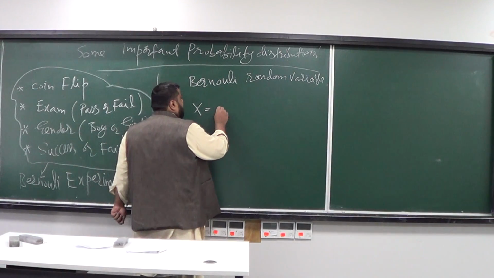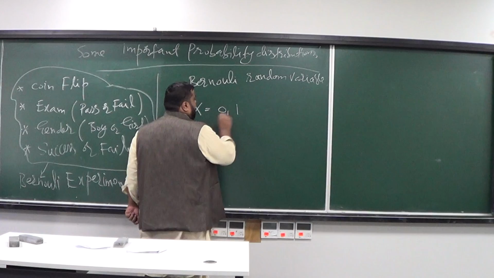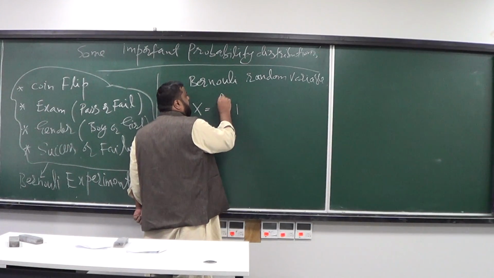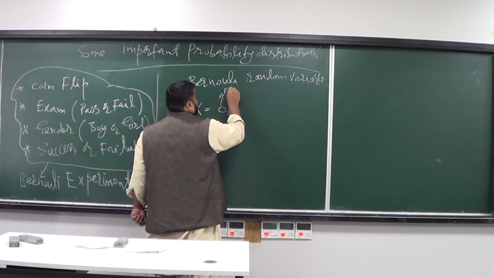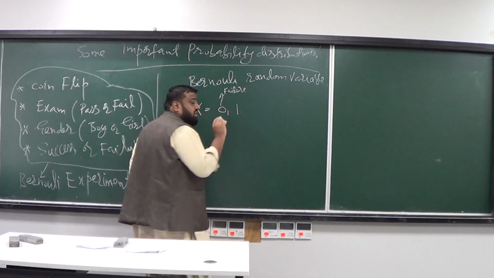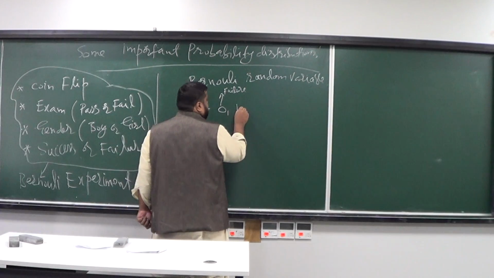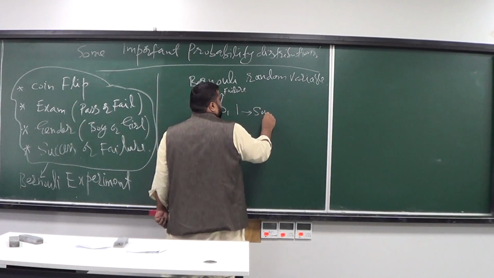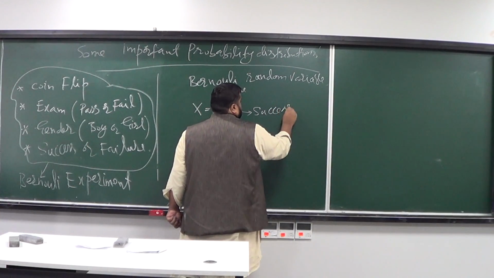So let's call those values 0 and 1. Okay, and let's interpret 0 as, for example, failure. You can do it the other way around. And let's interpret the value 1 as success.